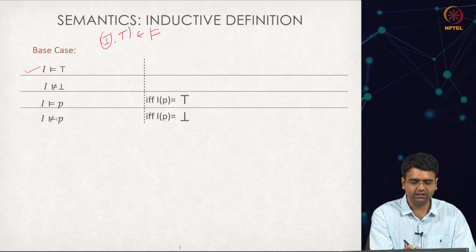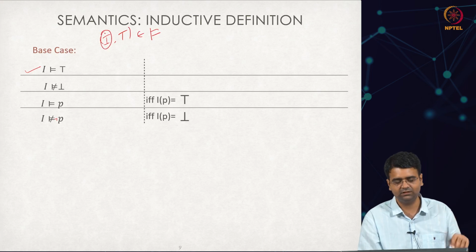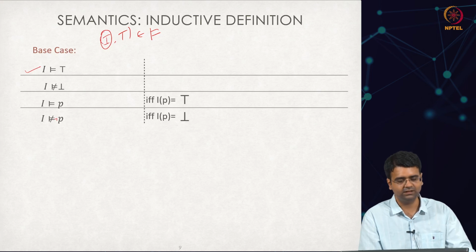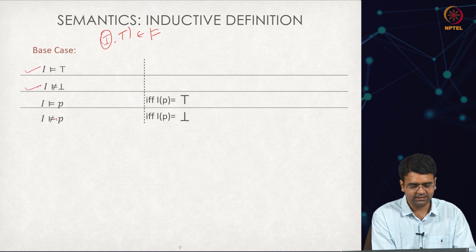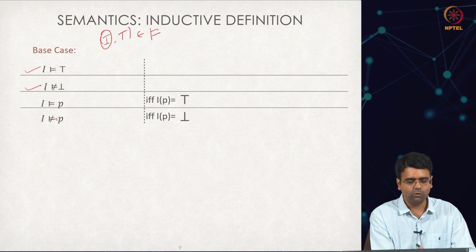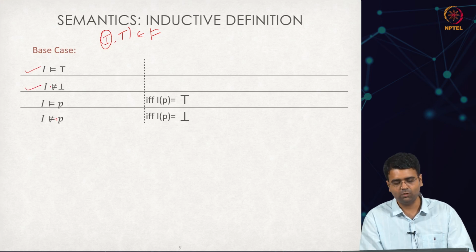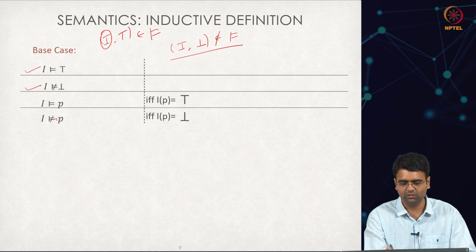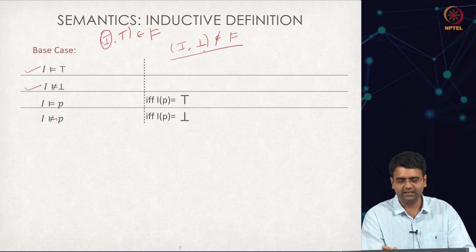No matter what interpretation you take, the formula true always evaluates to true under it. Similarly, no interpretation is ever a model of the formula false. So there does not exist any I such that I comma false belongs to the models relation.